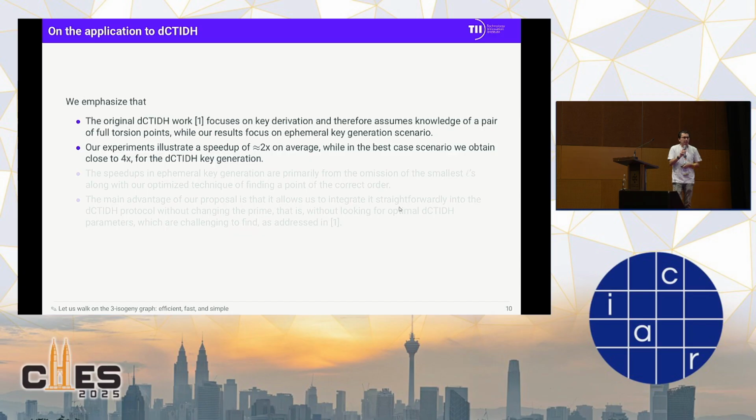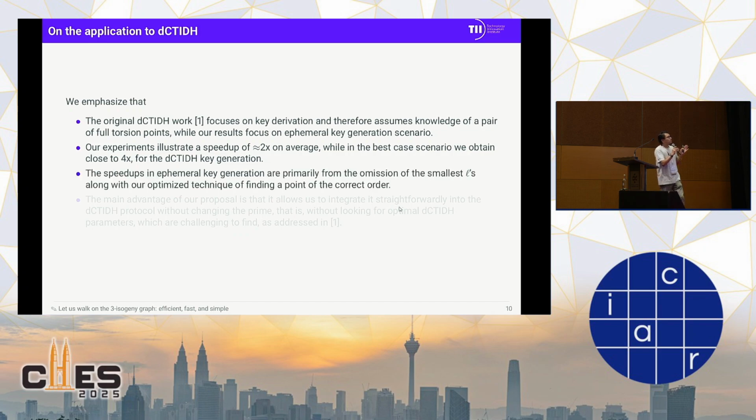We implemented it again. We saw that on average we get two times faster, and at most four times faster compared with the DCTI implementation. The main advantage of the result is not because of the formulas, though we also optimize the formulas.